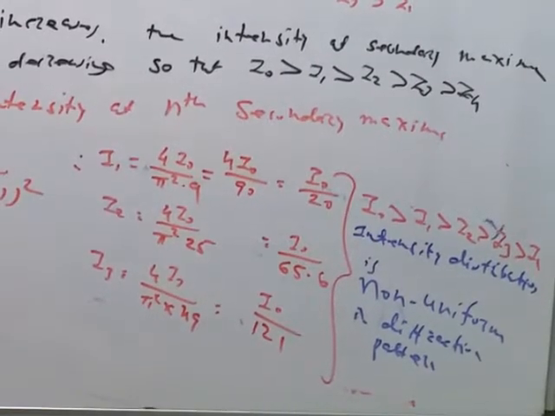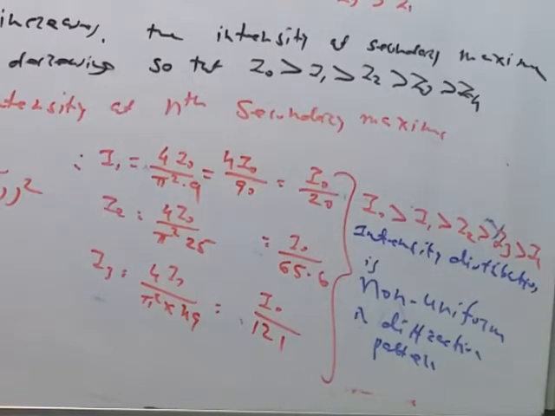So intensity for the secondary maxima goes on decreasing according to this equation. Therefore intensity distribution is non-uniform, it is not constant, it is decreasing as the order of the diffraction maxima increases, like this. Okay, we'll stop here.